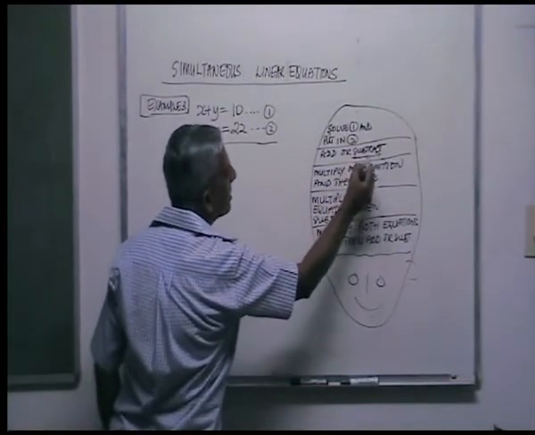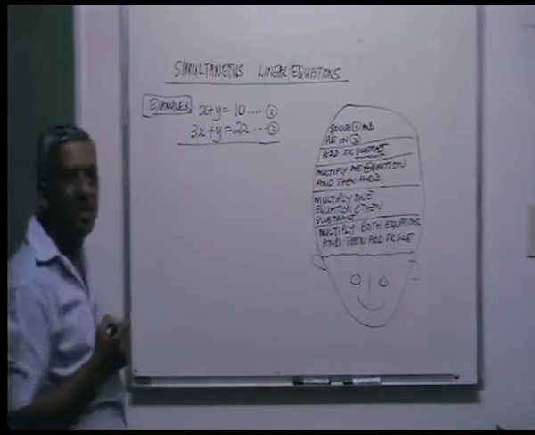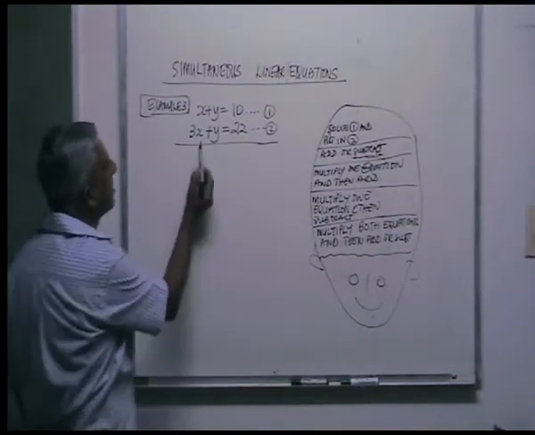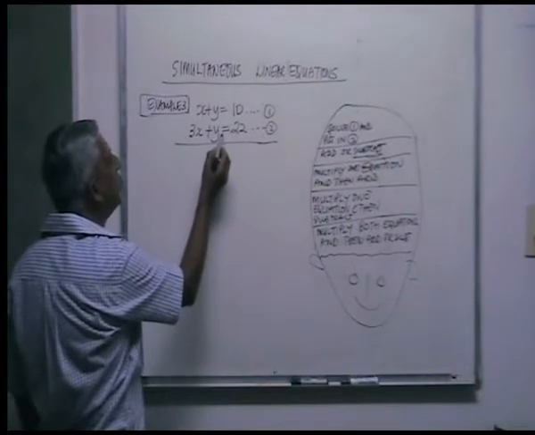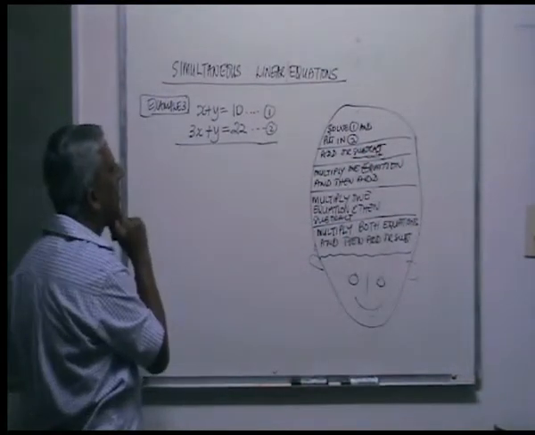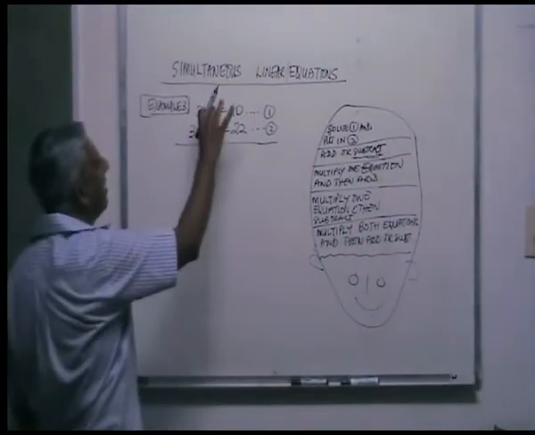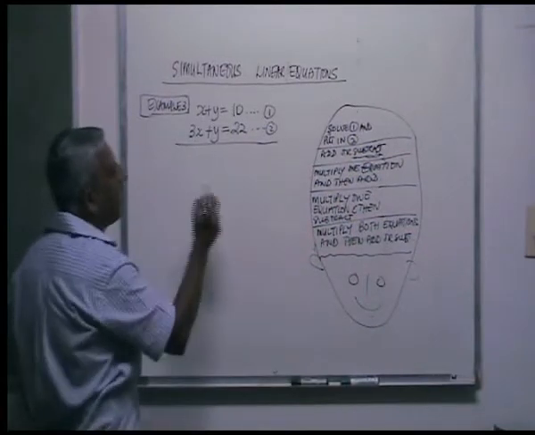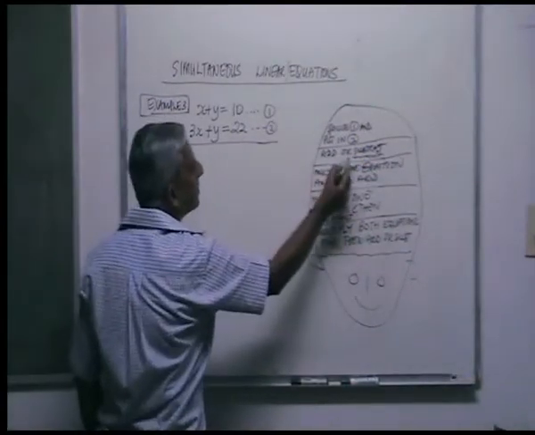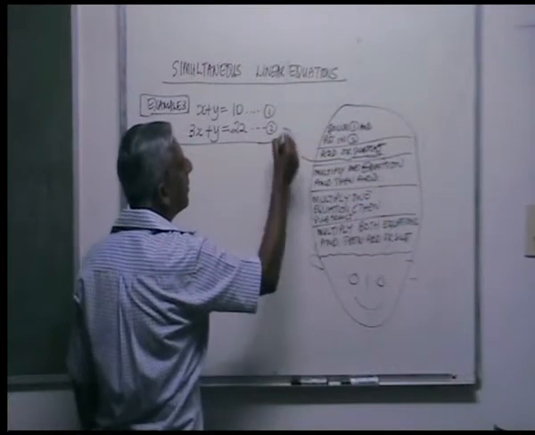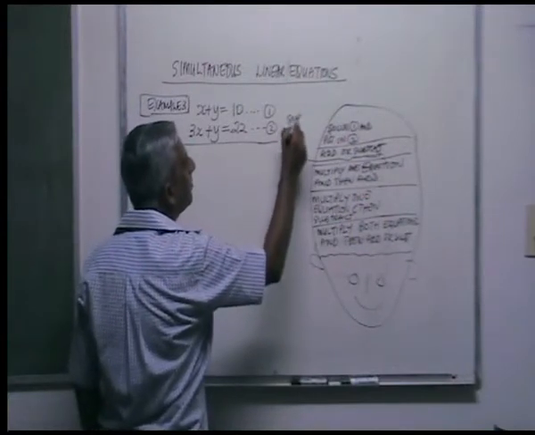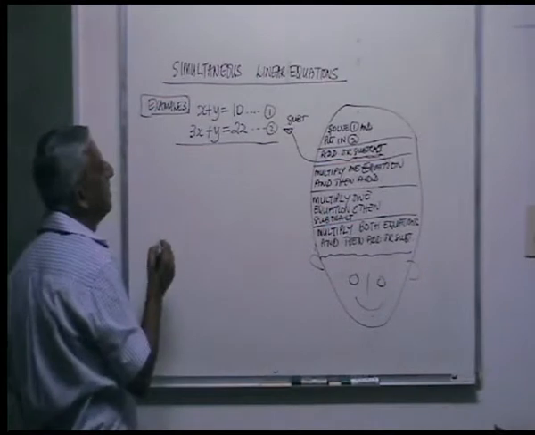See? I can just subtract them, and that will be easier. I can just subtract them, because if I subtract number 2 from number 1, the y will disappear. So, I have now decided that we're going to subtract. That will be the fastest.